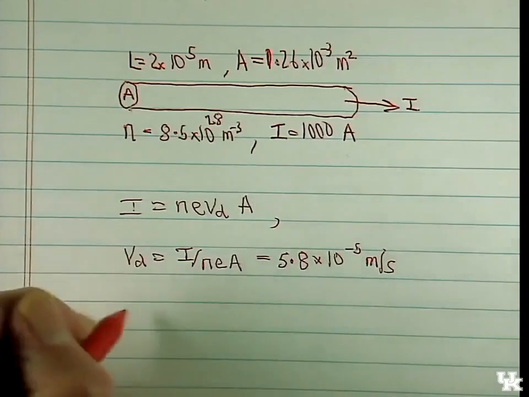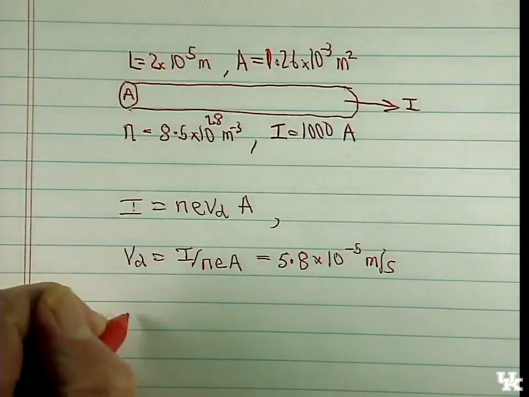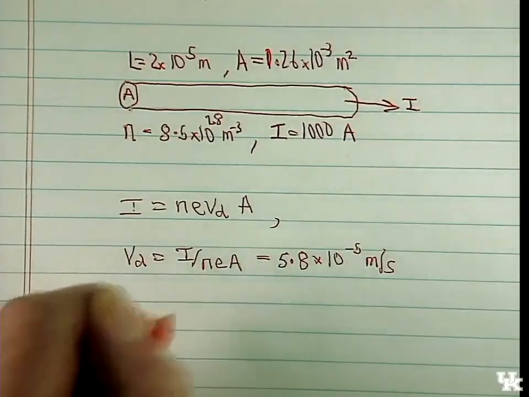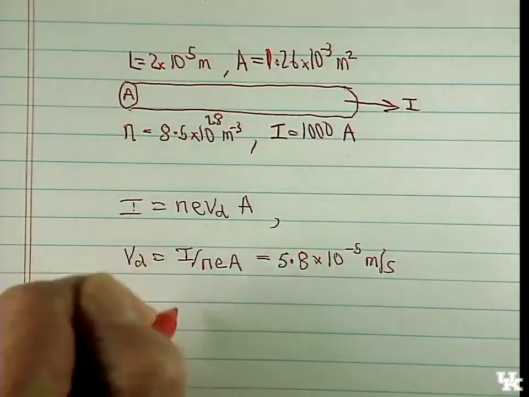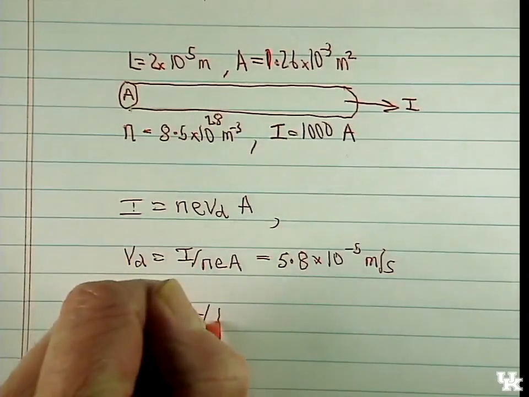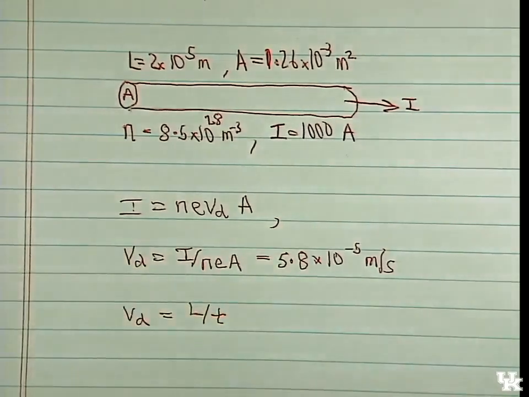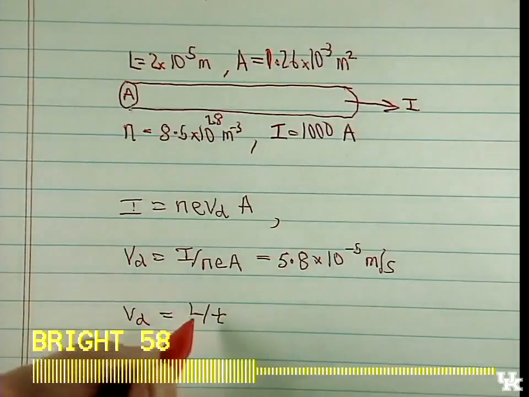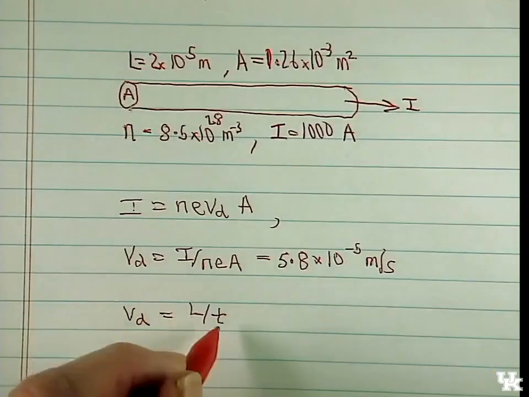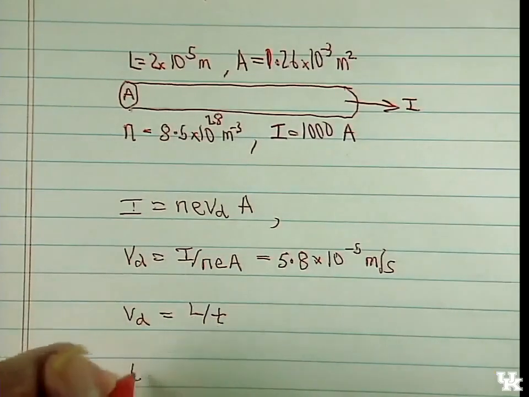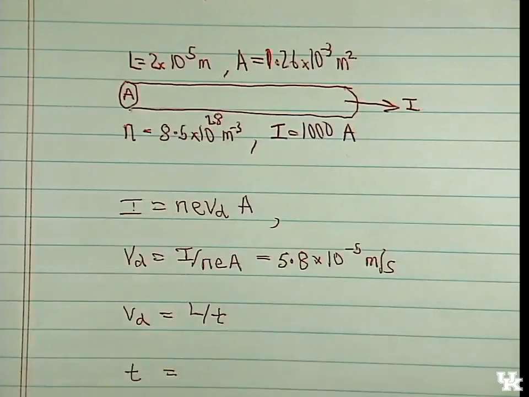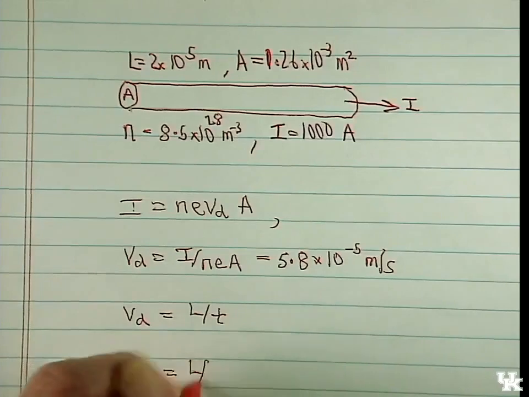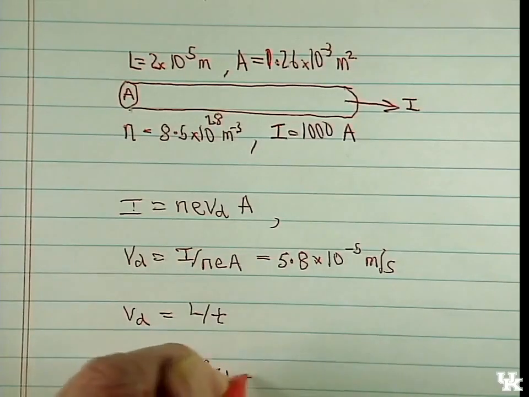Okay, enough chat. Let's get on with solving the next bit, which is once we've got the drift velocity, from the definition of velocity, we can figure out the time taken to get along the wire. So this is just velocity equals distance traveled divided by time taken. I want the time taken, and I know now the drift velocity and the length of the wire. So I can rearrange it.